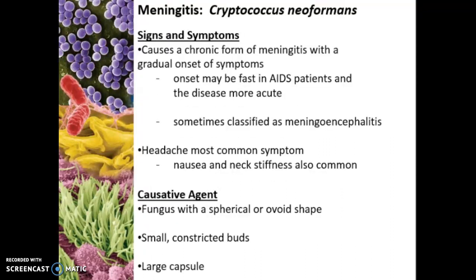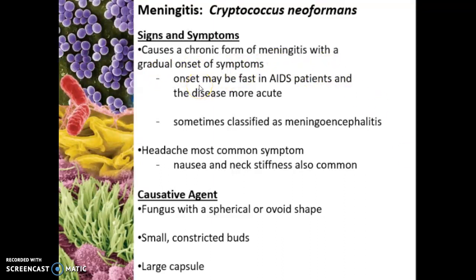Alright, Cryptococcus neoformans is a fungal organism, and it is going to be a major issue with AIDS patients. Sometimes, very rarely, will this cause an infection in an immunocompetent individual, but it will often cause what's called a chronic form of meningitis for immunocompetent individuals, and so it arises very gradually.